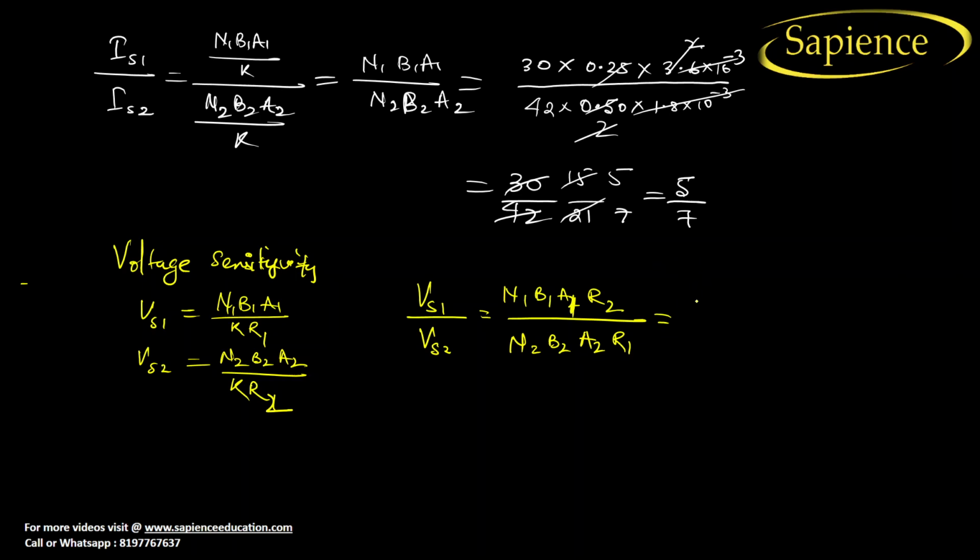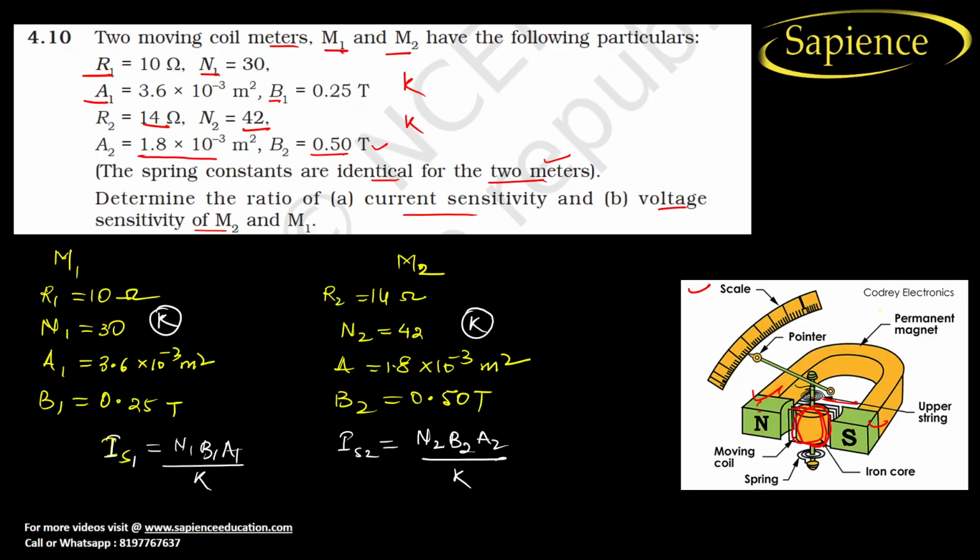So N1 is 30, into 0.25, into area 3.6 into 10 to the power minus 3, into resistance R1. How much have they provided you for R1?